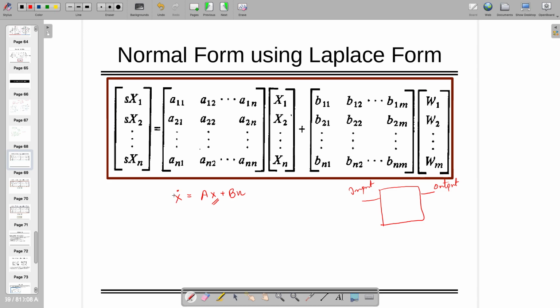If you are writing x dot in Laplace, it becomes the Laplace operator times x. So this is the same thing, and I'm writing Ax plus Bu. So this is the A matrix, this is the B matrix, and instead of u, this book is following w, right?